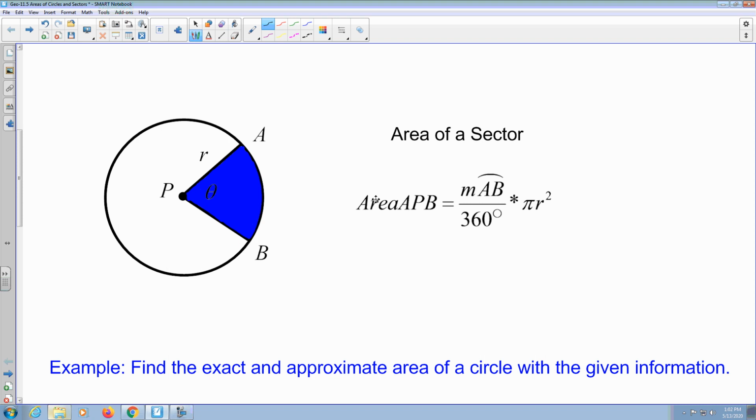So this blue colored shape is the area of that particular sector, and it is going to be found by taking the central angle of AB, so that arc measure of AB divided by 360, and it gets multiplied by pi r squared, which is the area of the entire circle. So you're just trying to find what percentage of that circle you're trying to find.